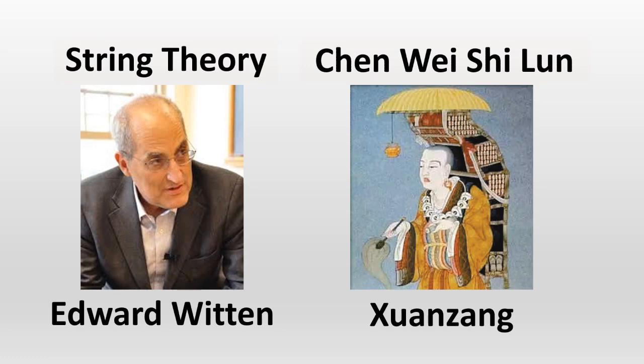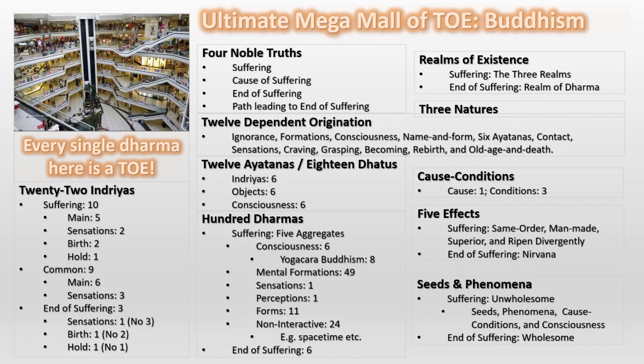We shall now have an overview of Yogacara Buddhism. First, it is important for us to understand Buddhism. When it comes to theory of everything, Buddhism, especially Yogacara Buddhism, is the ultimate megamall of theories of everything. There are 10 dharmas, or laws, listed here. Each is a theory of everything.